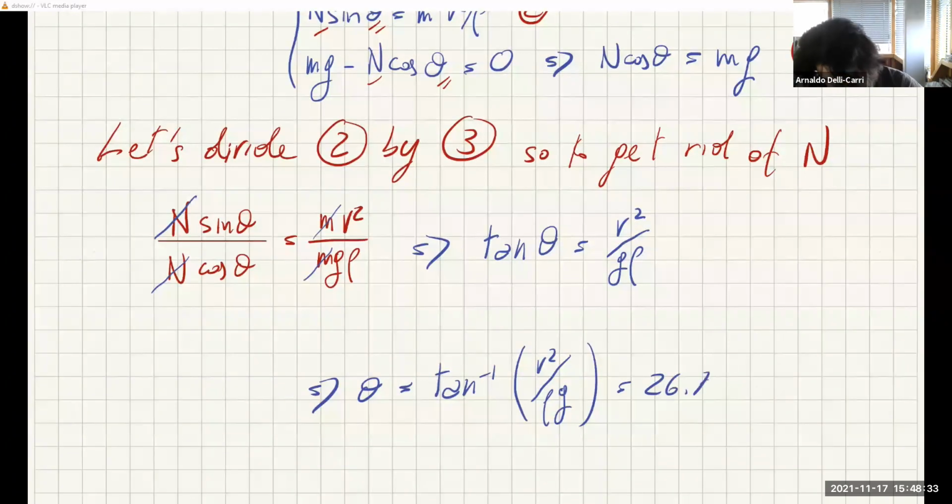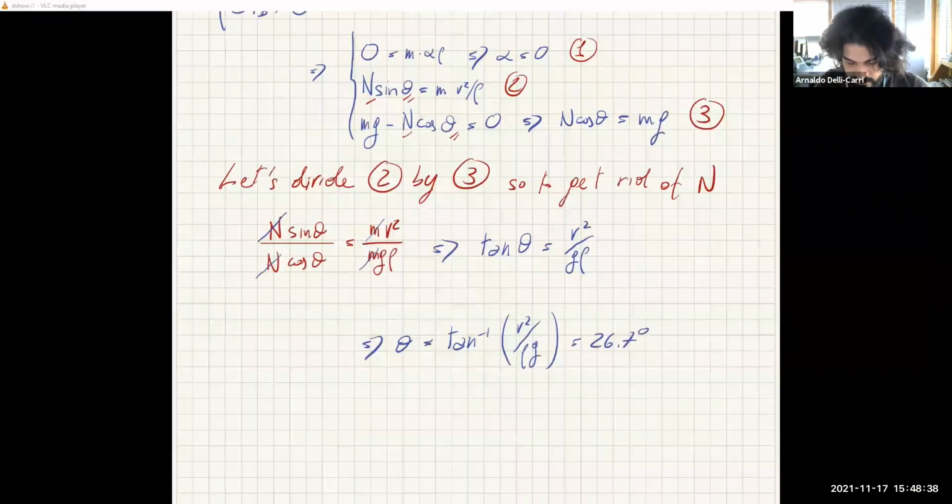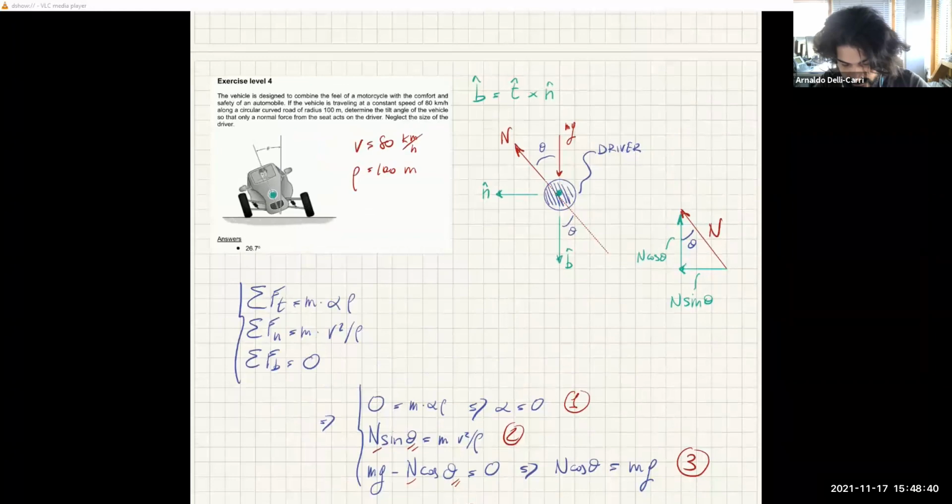Now, the only thing that possibly might put you in trouble is that the velocity is given in 80 kilometers an hour.